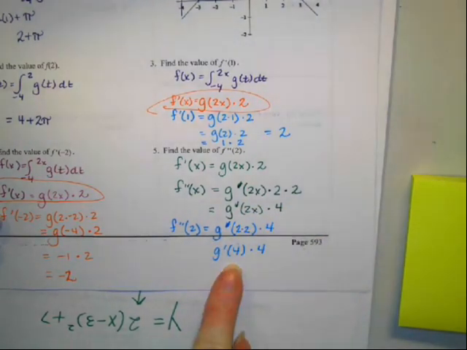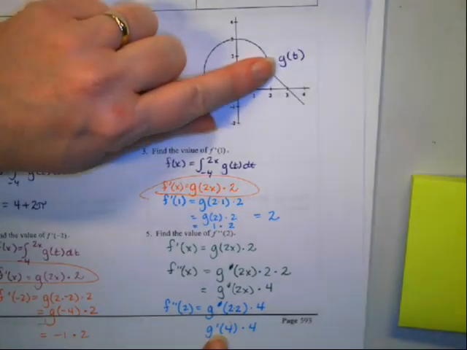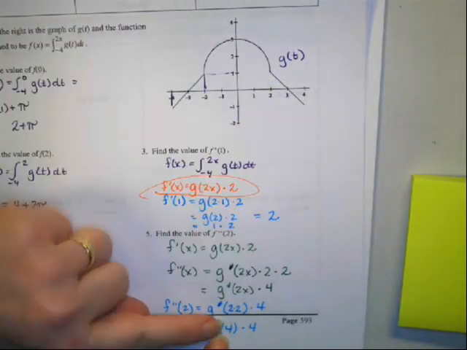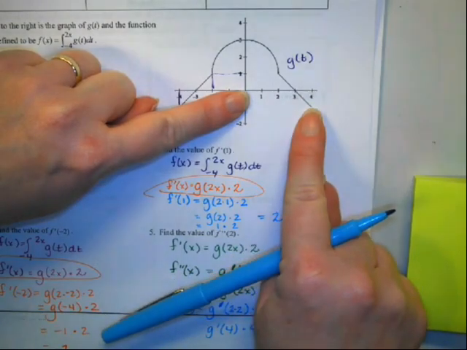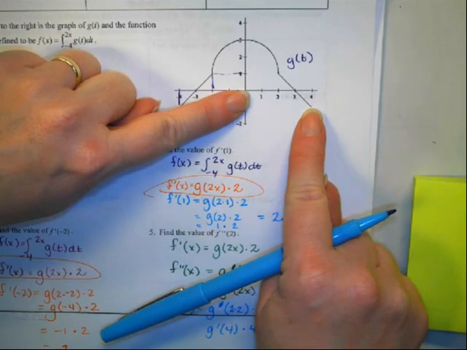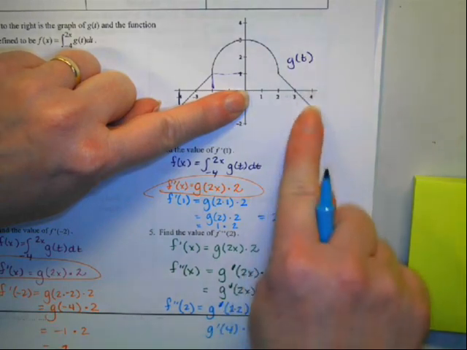All right, so g prime of 4. Now my graph is g, it's not g prime. So if I'm going to go to 4 on my g graph, what am I actually looking for at 4? The slope. Remember, your derivative is a slope. So I need the derivative of g at 4, which would be the slope of g at 4.